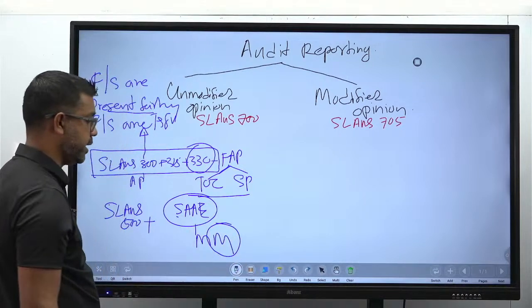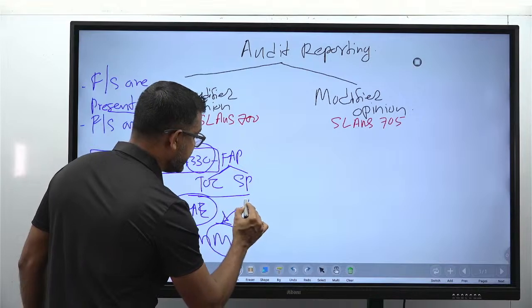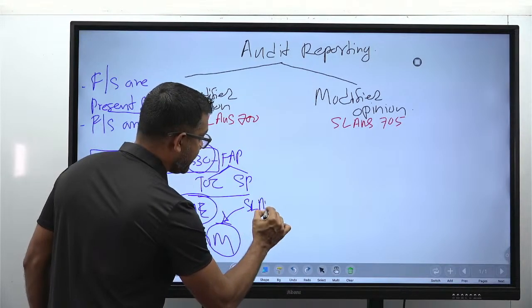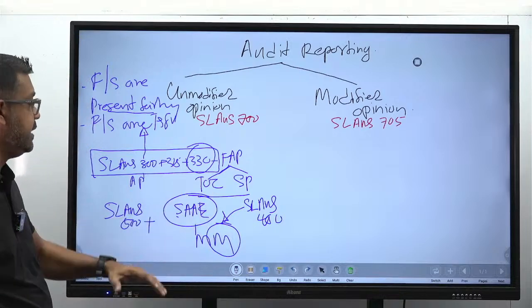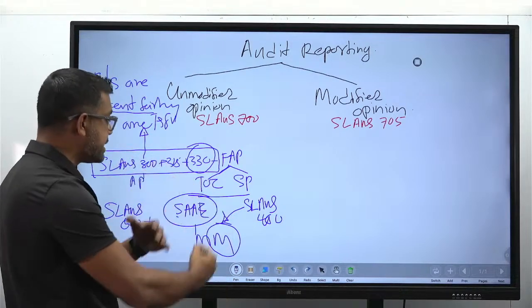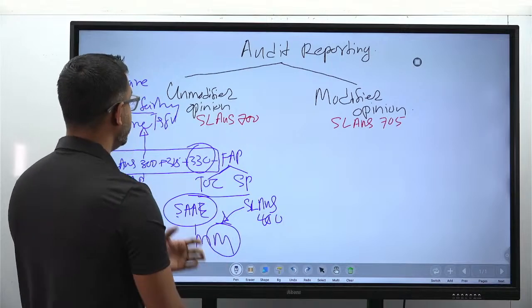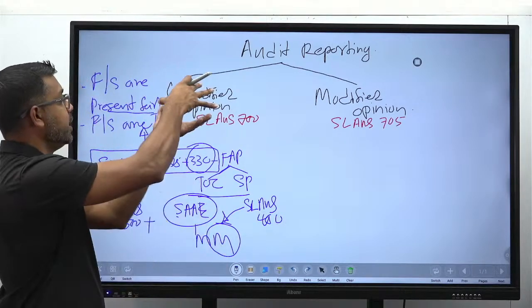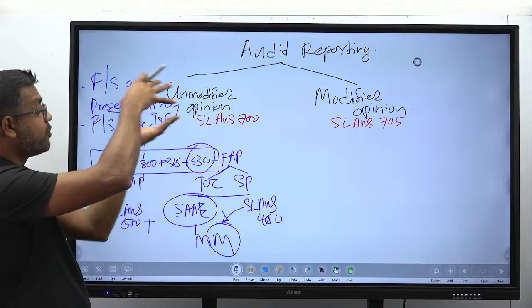Forget about the materiality. Another standard, SLAUS 450, a very important standard, says you have to evaluate these misstatements. After you evaluate them, you can only say whether financial statements are presented fairly.